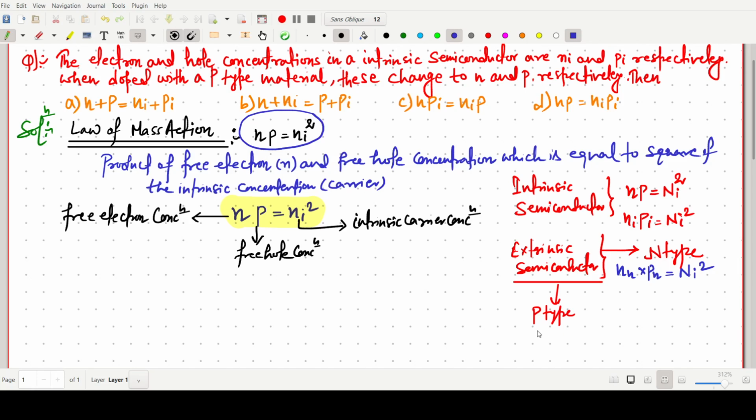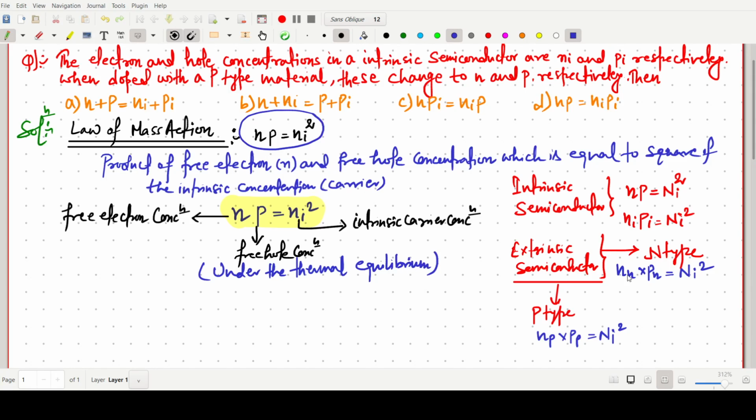For the P type, we can write N of p into P of p equals Ni square. I am writing Ni square because in the question it is given Ni into Pi. All this happens under thermal equilibrium.